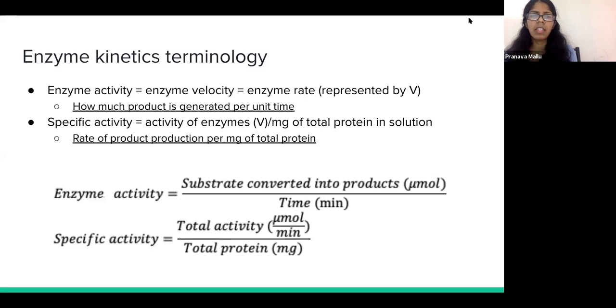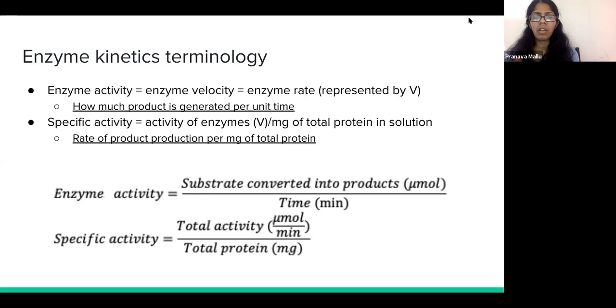Well, specific activity is a little bit different. You can kind of think of this as enzyme activity per milligram of total protein in a solution. In other words, it's the rate of product production per milligram of total protein. So to give you an example, say that you have two samples that have the same enzyme activities. They're making product at the same rate.